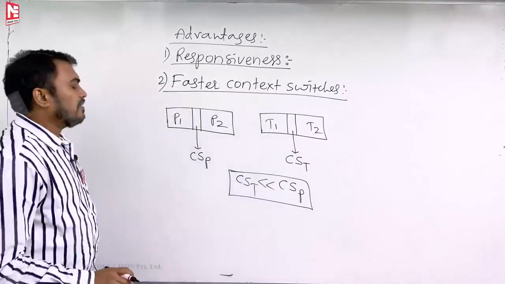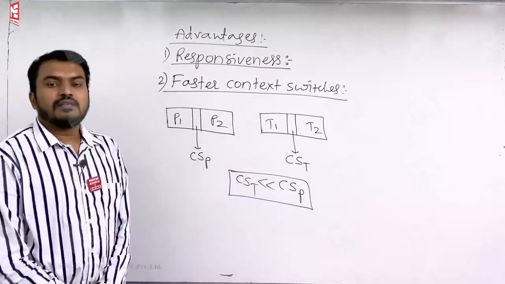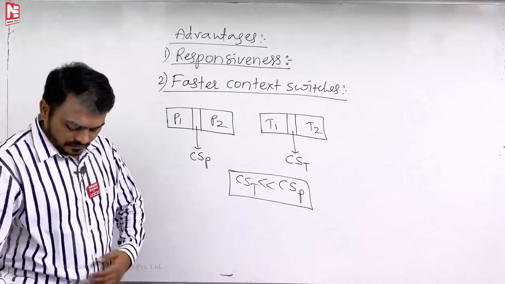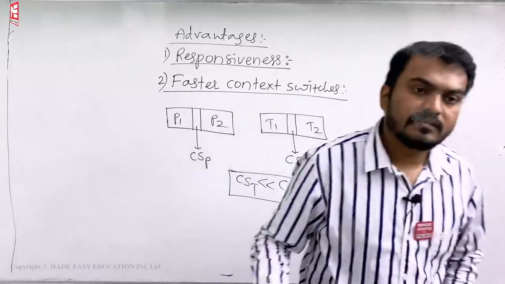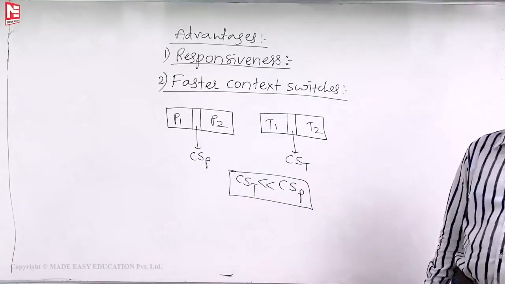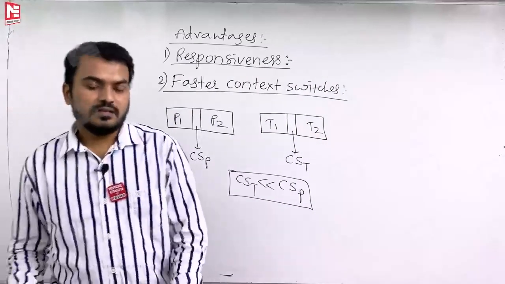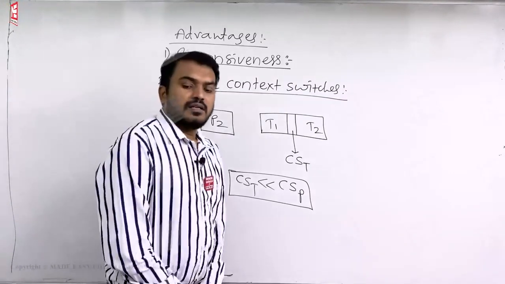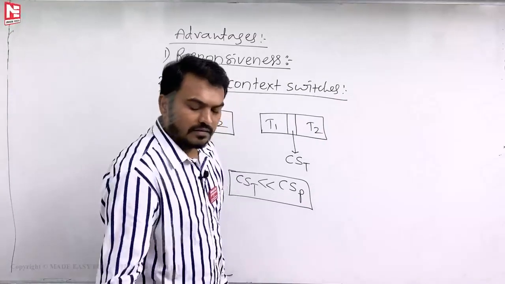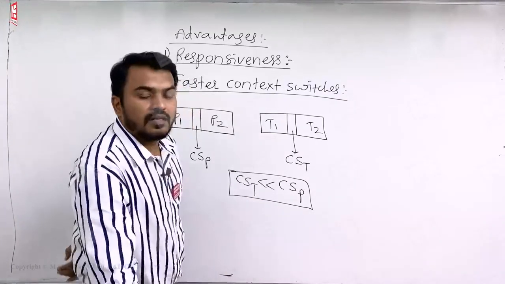The context switching time between the threads will be very less compared to the context switching time between the processes, because threads will have less context compared to the processes.